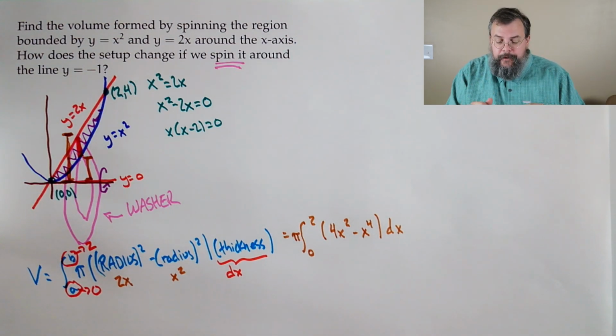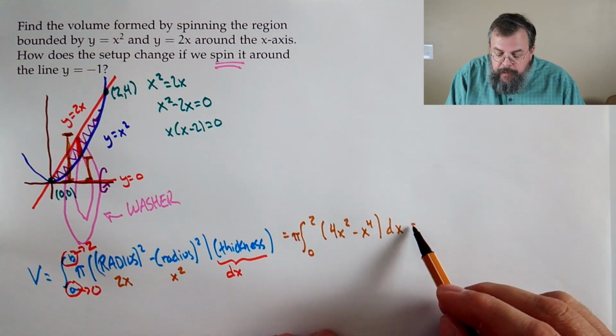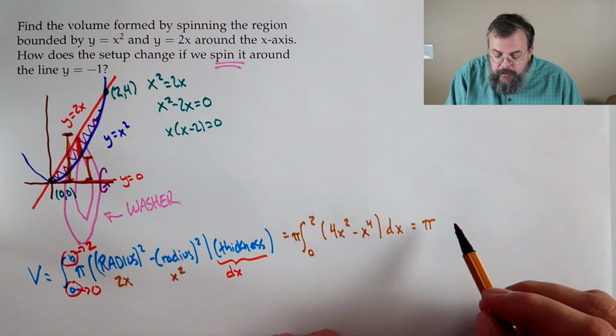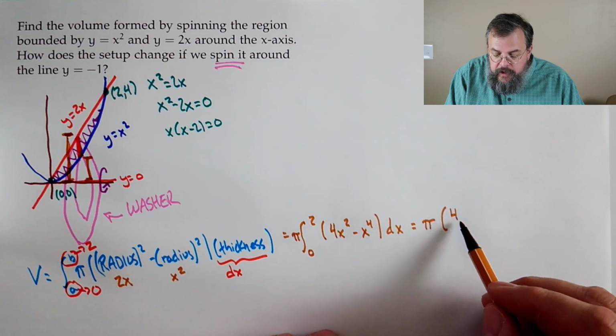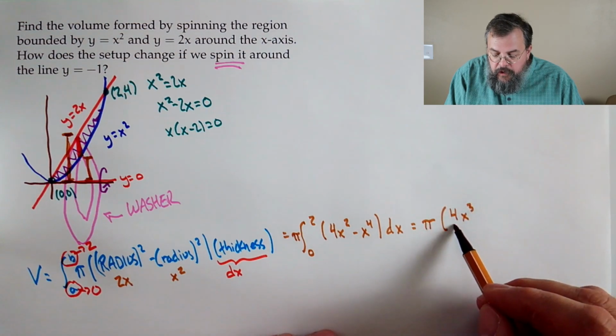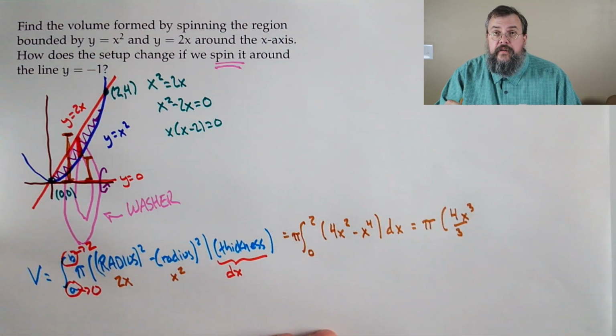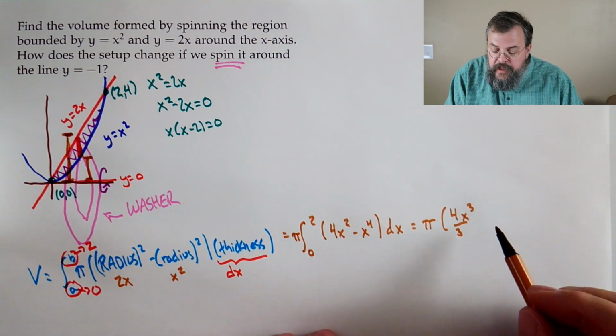Now, carry it out. So, pi, and then what? The integral of 4x squared would be 4x cubed over 3, because you add 1 to your exponent, so x cubed, and then divide by the new exponent, so that's why we divide by 3.